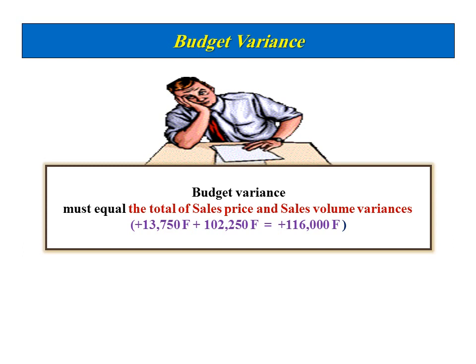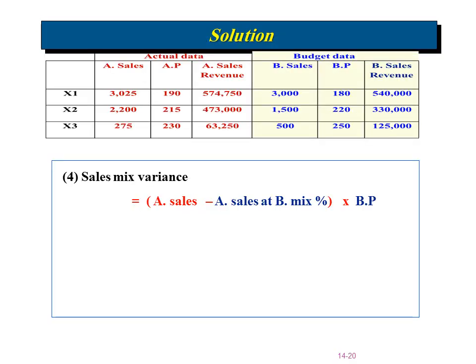Okay, the third level, I analyze the volume variance to sales mix variance. How to calculate sales mix variance? It looks like the mix variance for direct material quantity variance.